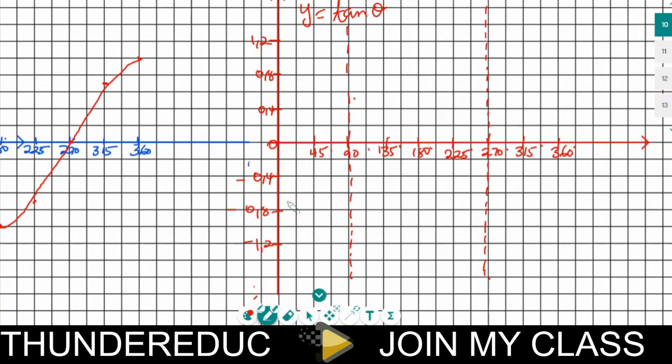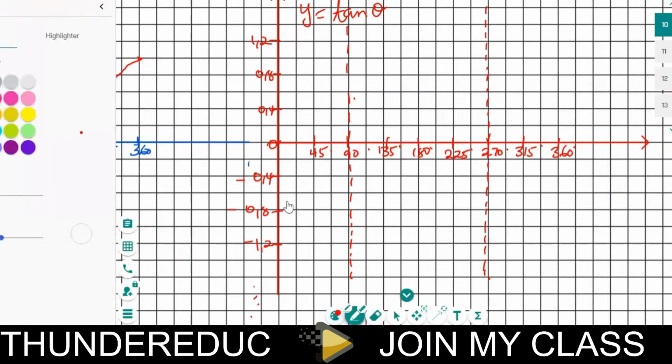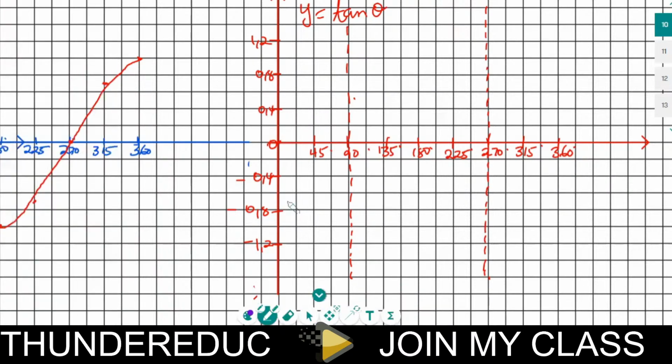So if my x is 0, I'm having 0 for the y. And then if my theta is 45, this is going to be a 1, which is somewhere there. And then if my x is 90, we say that's an error. And then if it's 135, we have negative 1, which is at that point.